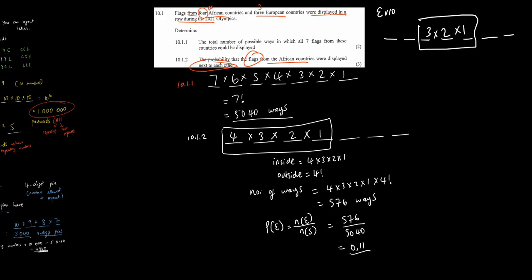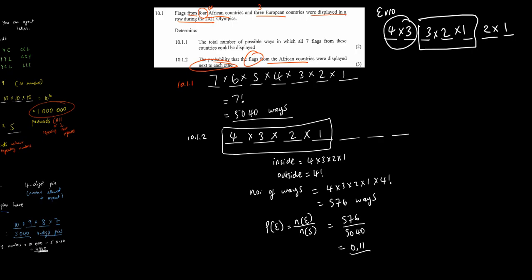But then, since they must be in the middle, these ones here, the African flags, can move around. So I can choose any of the 4 here, then any of the 3, then any of the 2, then any of the 1. You understand? So for this one, you are not going to move around the box. You're not going to say 1, 2, 3, 4, 5, because the box must stay in the middle there.